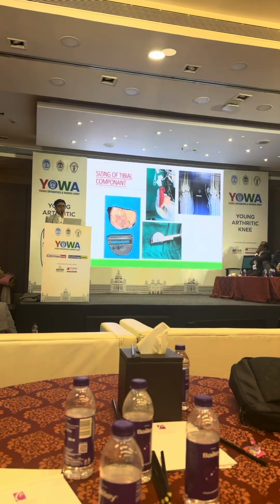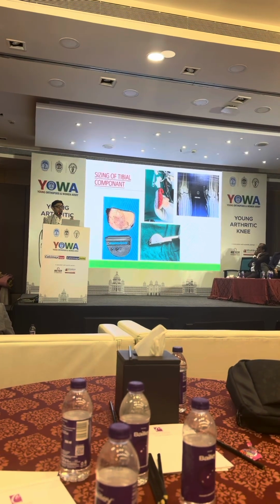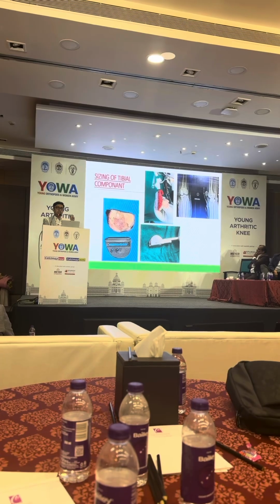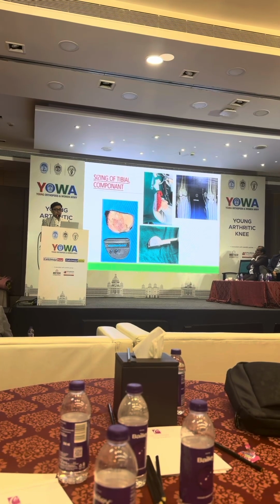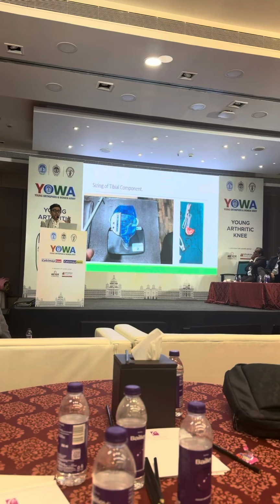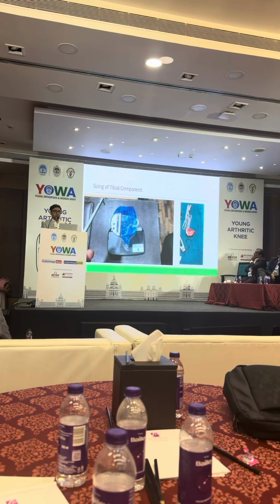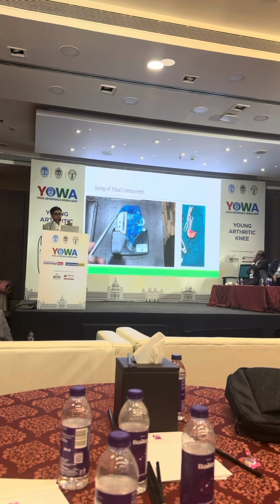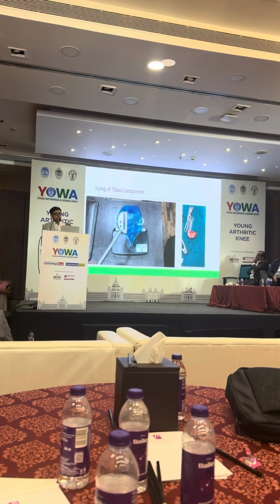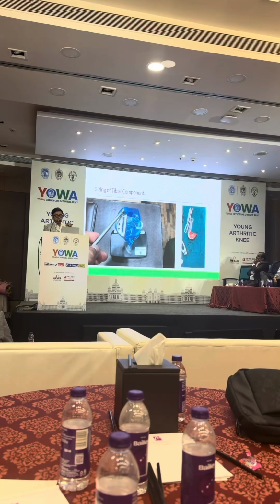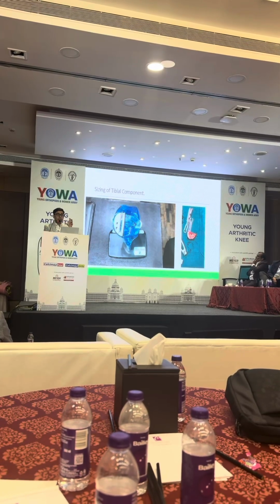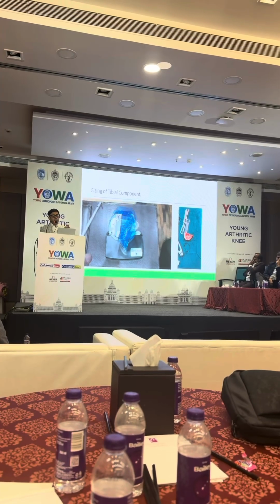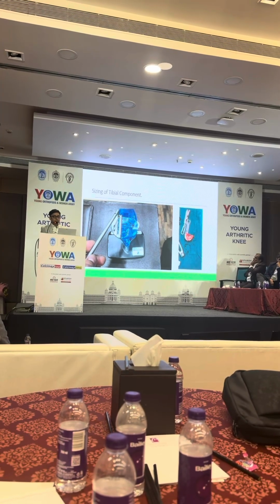Then sizing of the tibial component: we reset the tibial component and check, with whichever system we are using. Sometimes we may not be able to cut exactly, and then we will not know the tibial component size. Then with this kind of instrument, fix the implant, go around, put the trial, go around, and then size. If you are not cutting the tibial component in one go, sometimes we cut a little less, then try to cut more. Sometimes it happens during the procedure.